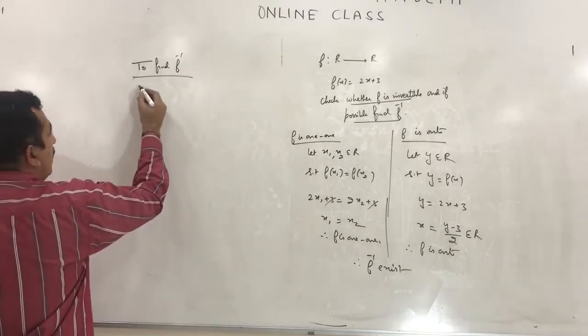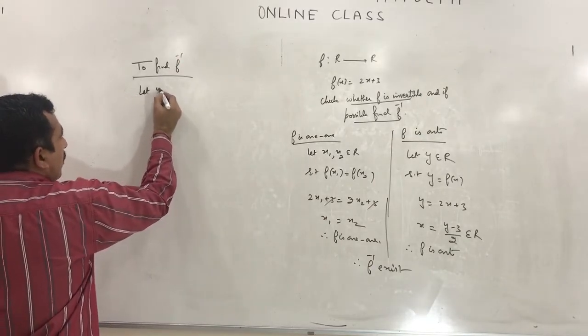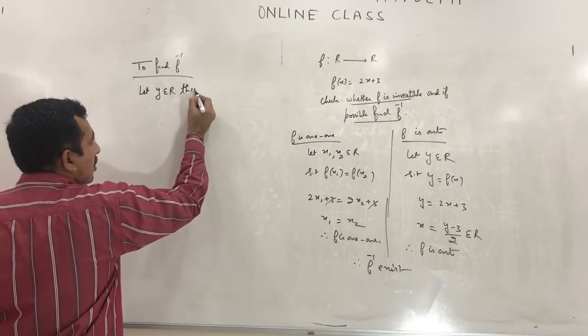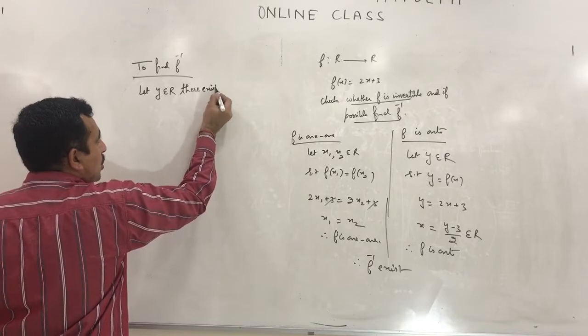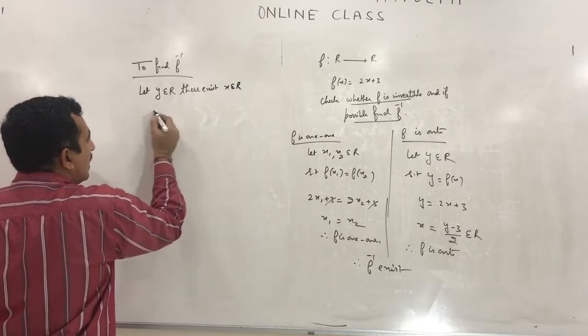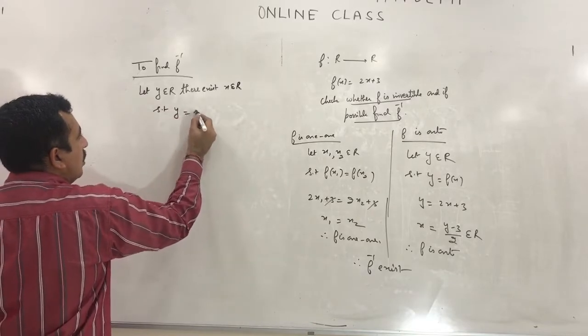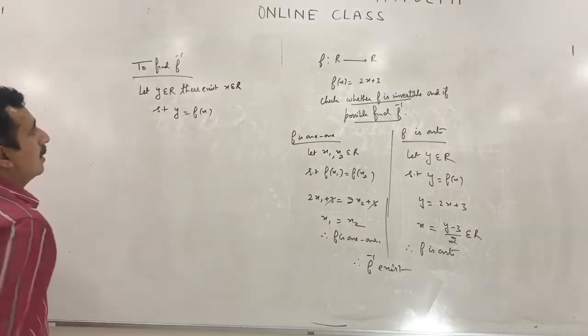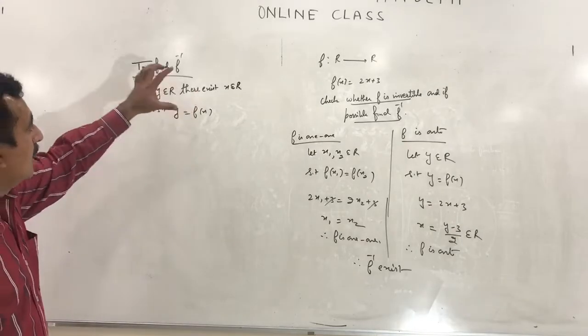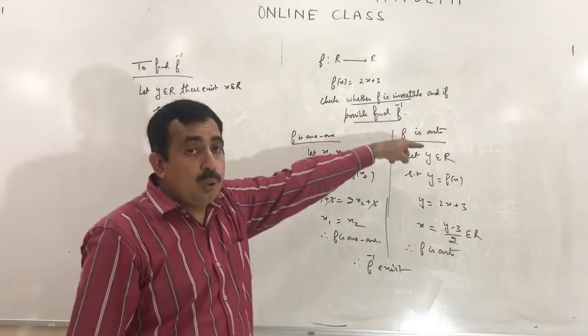see the first line. Let y belong to R. There exists x belonging to R such that y equals f(x). See the first line. Now what is this first line? This first line is the proof of onto.